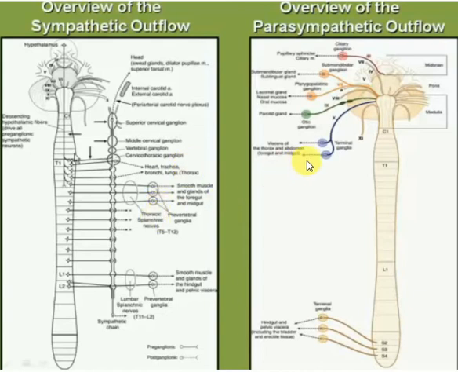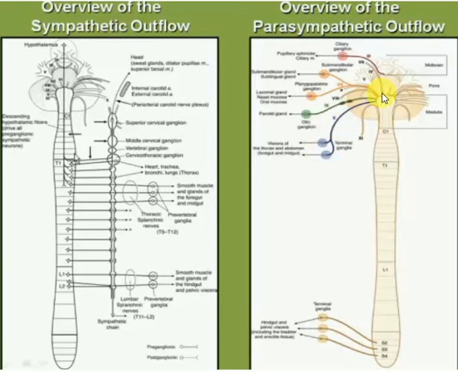Whereas in contrast, in the parasympathetic system, the preganglionics have to travel far away to the ganglia, because the postganglionic fibers are located close to the target organs. Basically, they're actually inside the body wall of the target organs, very near to them.